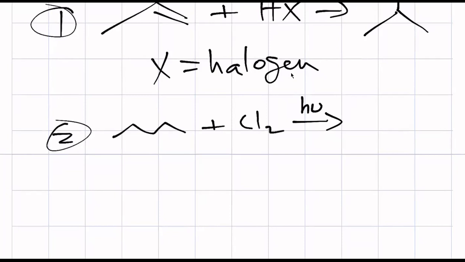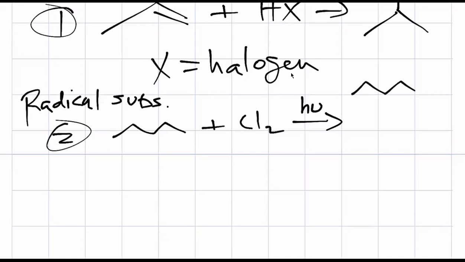Anybody remember that reaction? Right, you get radical substitution, where you get a halogen here, here, and then one on the terminal carbon, like so. All right, so that's two ways that we've already talked about.